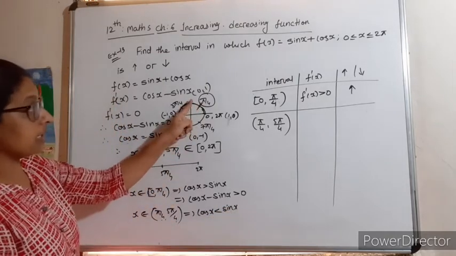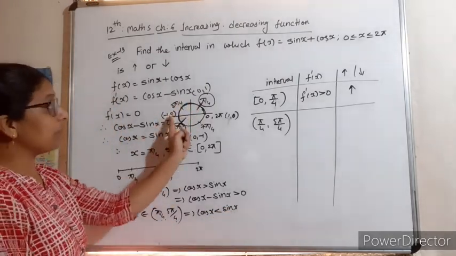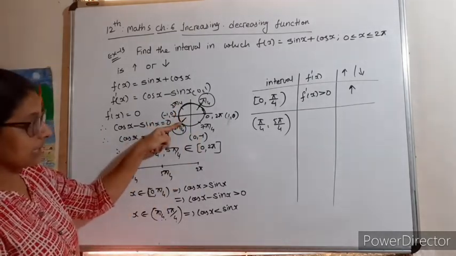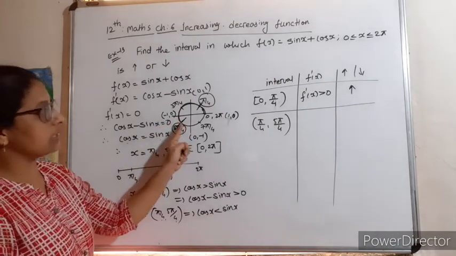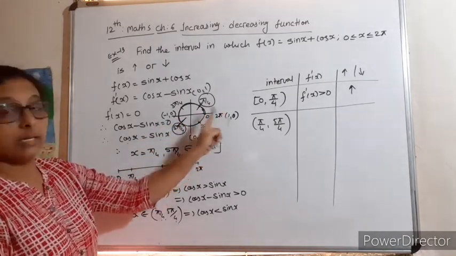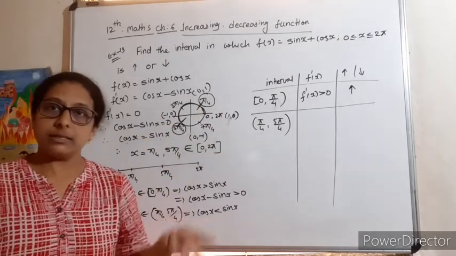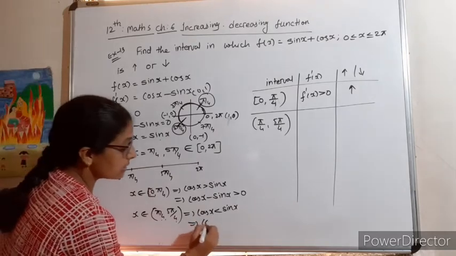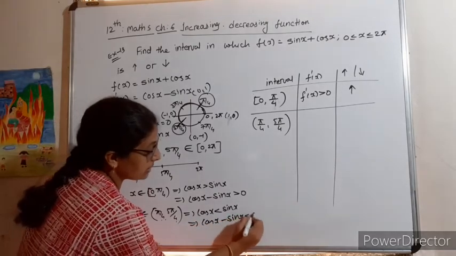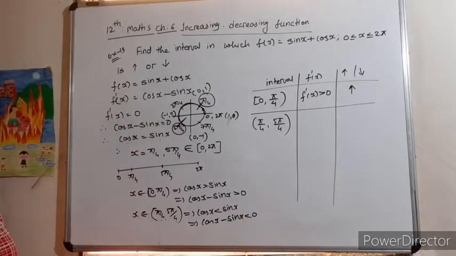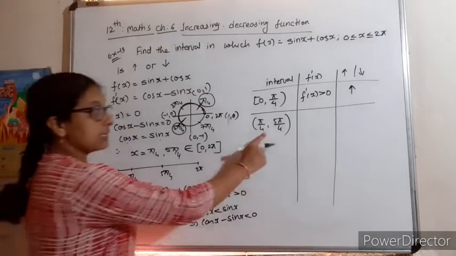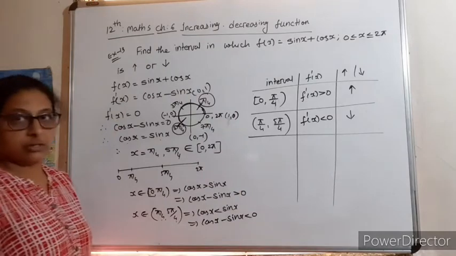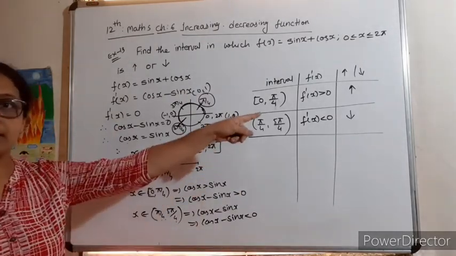Slowly cos is less than sin; in this whole area it is decreasing, meaning less than sin, and from here it increases, and then it becomes greater than. Where it is increasing it is greater than, where it is decreasing it is less than. So we can write cos x less than sin x implies cos x minus sin x less than 0. In pi by 4 to 5 pi by 4, f dash x is less than 0, it is a decreasing function. But you should know all this, then only you can write it, right?